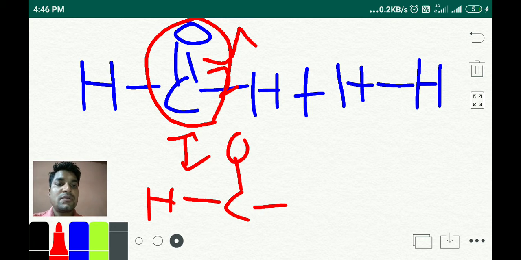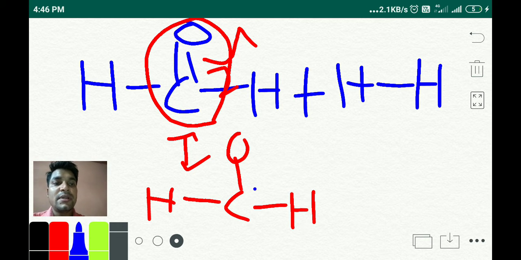It will form like this, C-O, and this carbon and oxygen each gain one lone electron by homolytic bond fission.